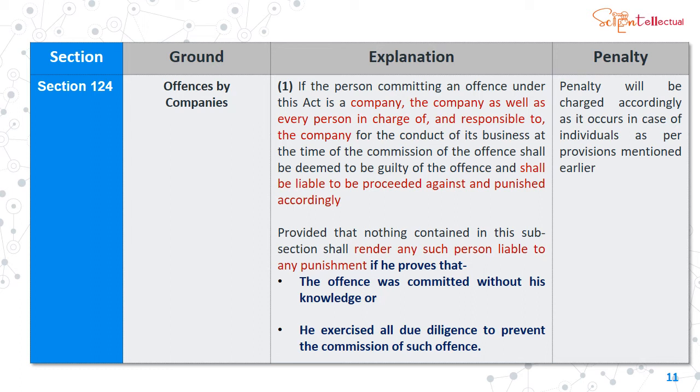Nothing will render any person liable to punishment if he proves that the offence was committed without his knowledge or that he exercised all due diligence to prevent the commission of such offence. Penalty will be charged accordingly as in case of individuals, as per provisions mentioned earlier.